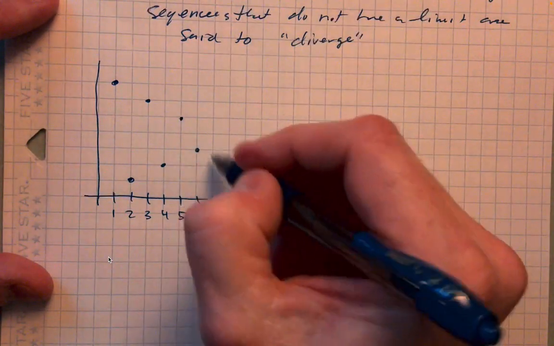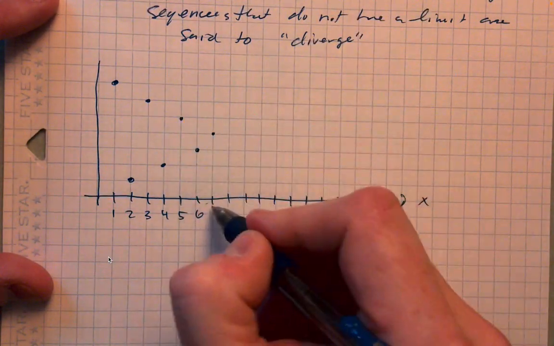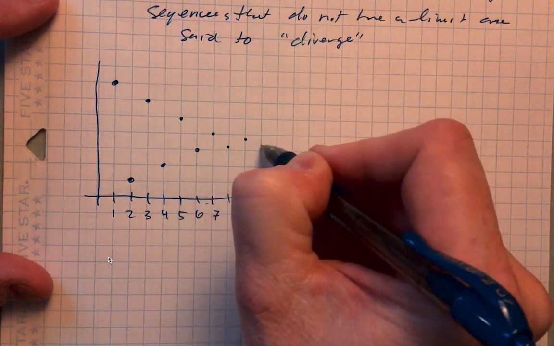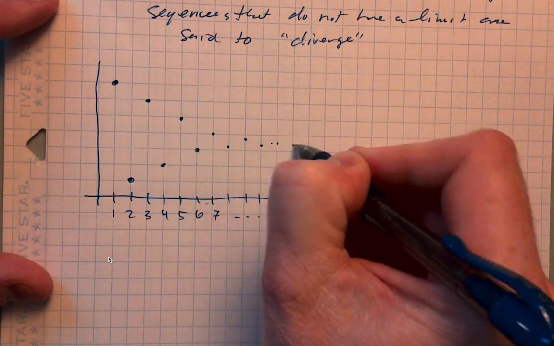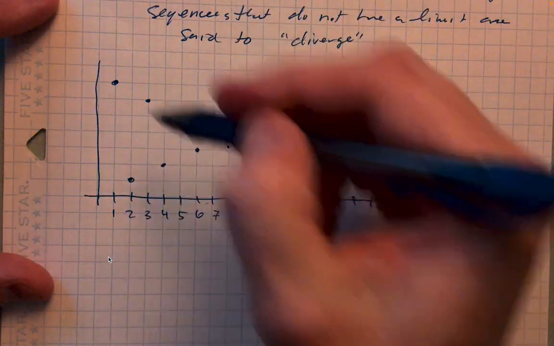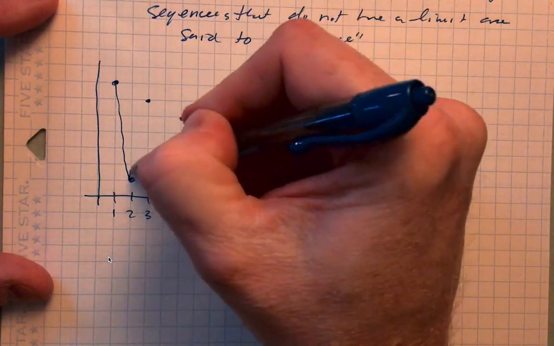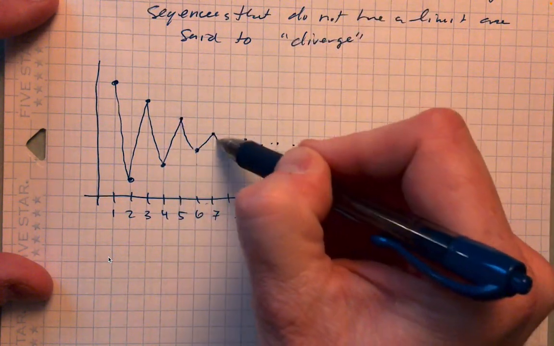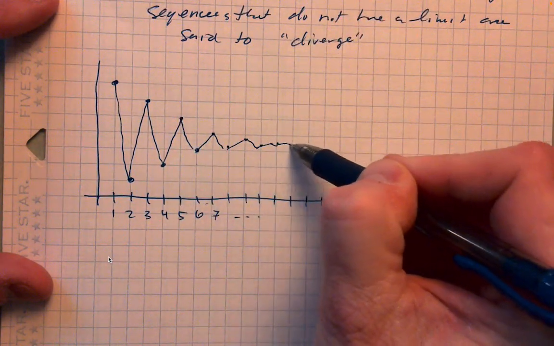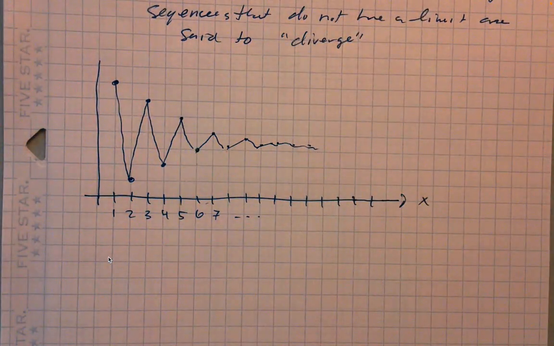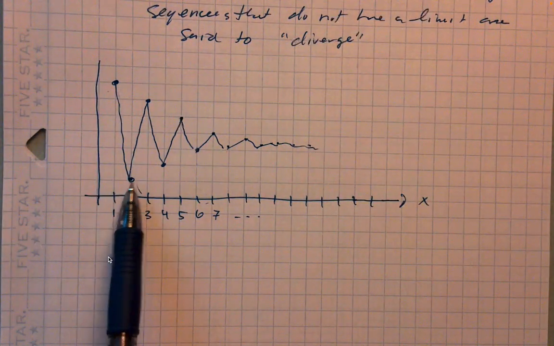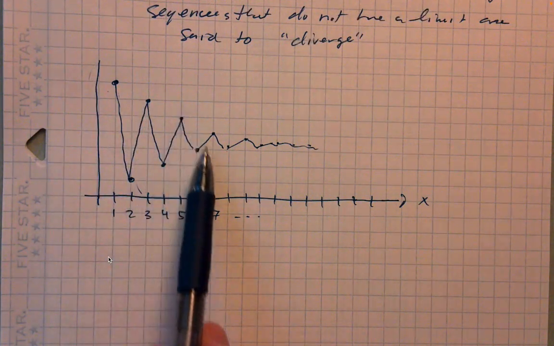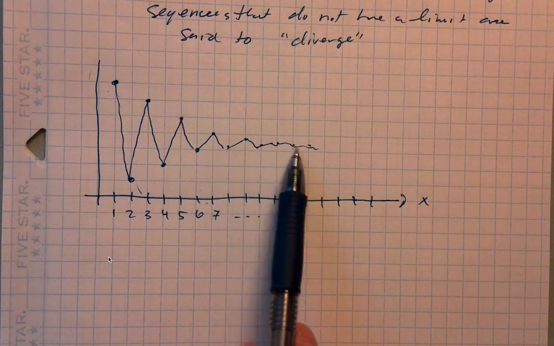So when n is 7, maybe it's up here, and then at 8, and then at 9, so it kind of does this. I'll just put this on here. This just shows you the order of the terms. So the sequence maybe does something like this. It starts out with the terms very far apart on the y-axis, and then as n grows, they tend to come together.